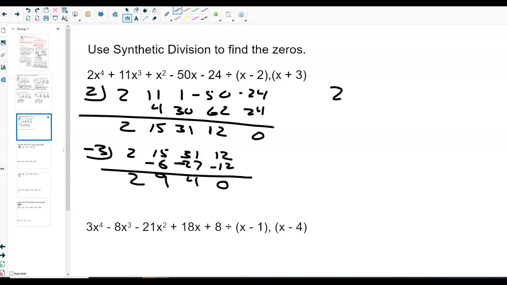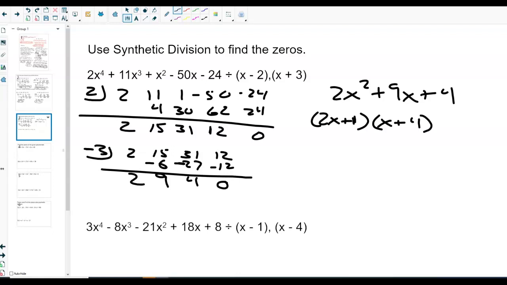And I'm taking that new depressed equation, and once I can get to something I can factor, we want to factor it. Okay? Once we can get something we can factor, we want to factor it. This factors to 2x and x, and my factors of 4, if I put the 1 here and the 4 here. Remember, the 4 with the 2 would be no good. It'd give you a GCF anyway.